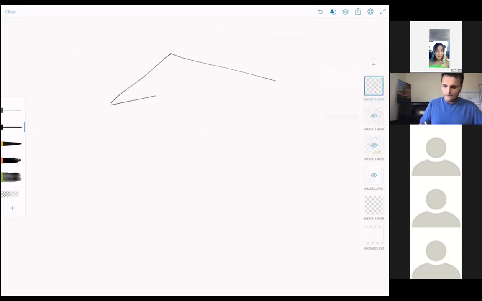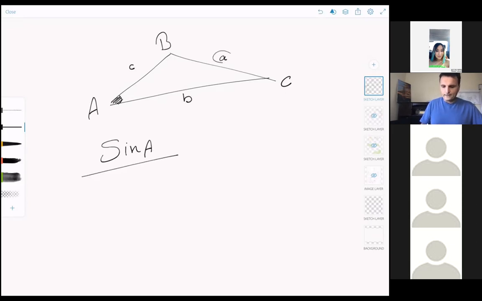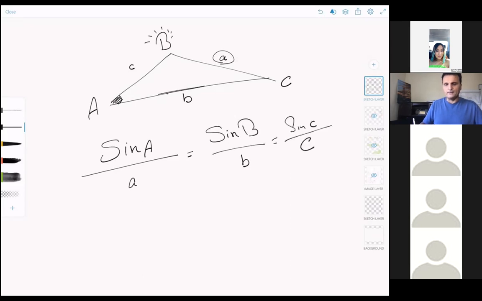So for any type of triangle, this is A, B, C. This is A, this is C, and that's lowercase b. Law of sine says: sine of this angle, which is sine of A, divided by the length of the side in front of it, equals sine of B, this guy, divided by this b in front of it, and equals sine of C over c.